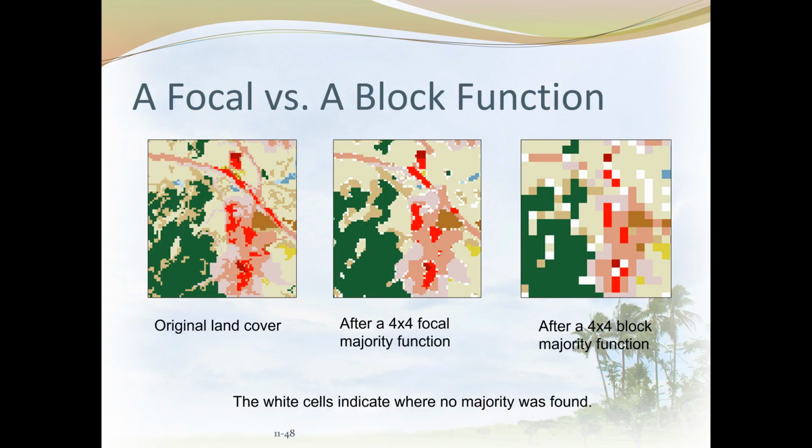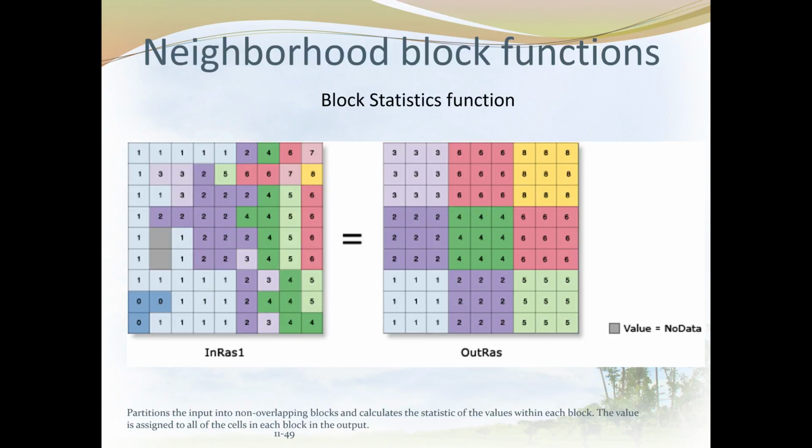Every cell is used only once, and a block function can be used to resample a raster from a higher to a lower resolution, as might be needed to adapt a high resolution land cover data set for a coarse climate modeling grid. So with focal, you can see in this block we just blurred the data.